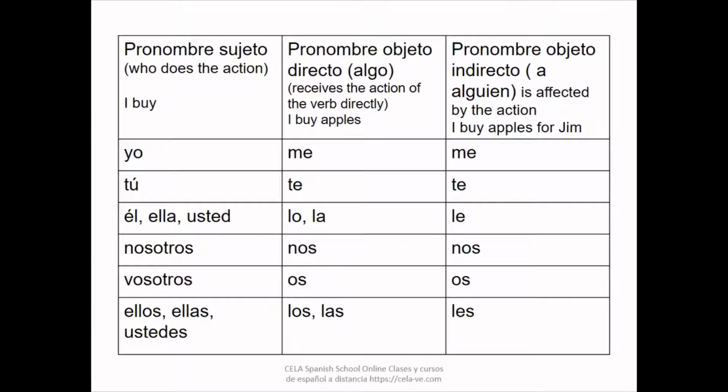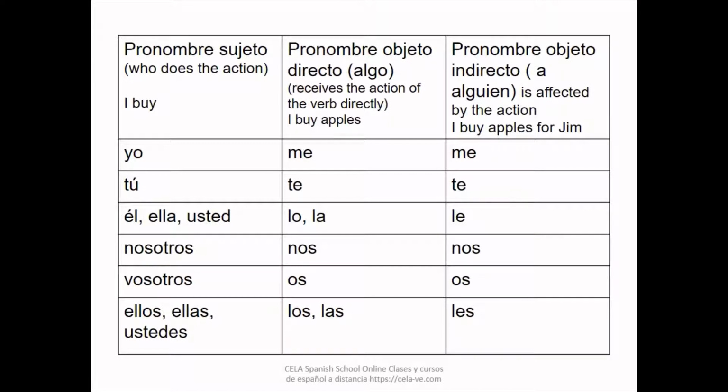The direct object is mostly the thing that the action is directed to. I buy apples. What do I buy? Apples. Apples is the direct object and is mostly a thing, but it can be a person too.